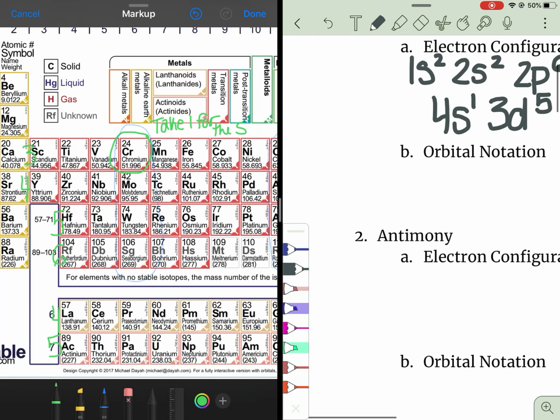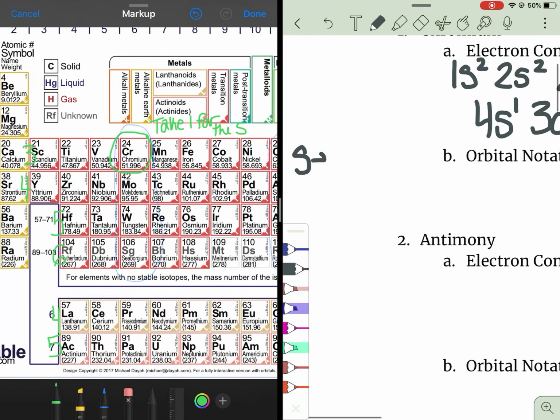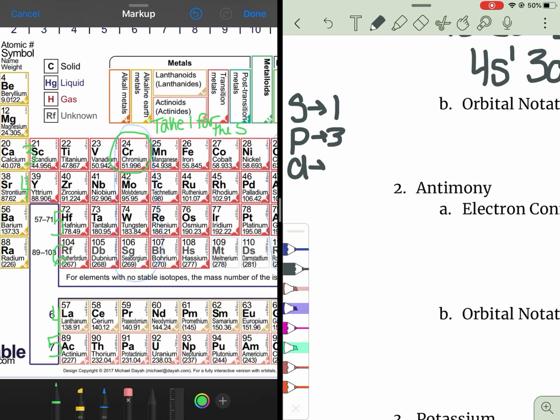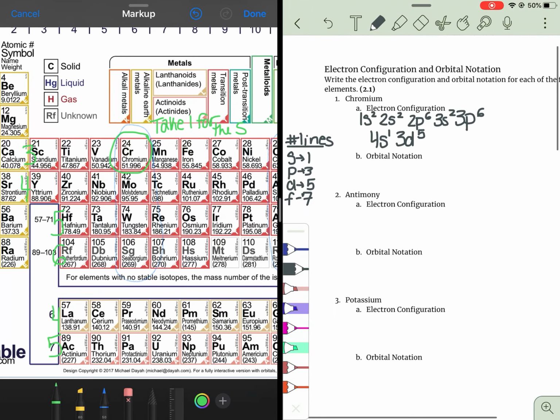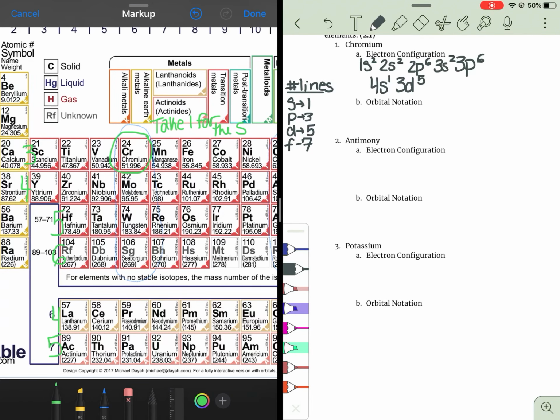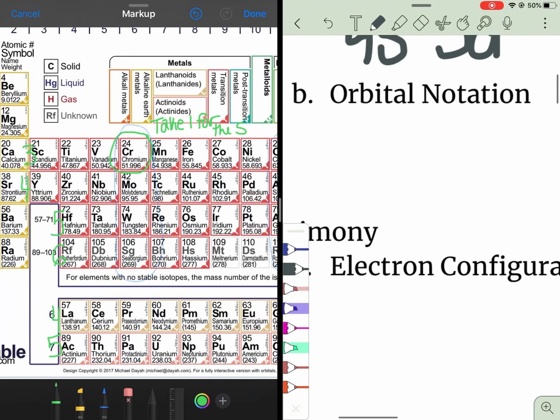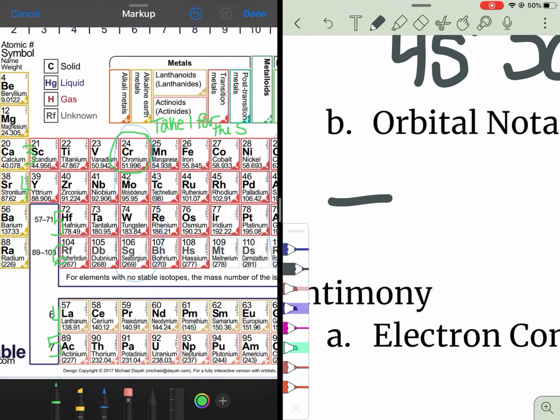Then with my orbital notation, rule of thumb: my s's always have 1 line, my p's have 3, my d's have 5 lines, and my f's have 7, because we can fit 2 electrons in each line. A reminder with that, you do need to draw all lines, regardless of whether you're going to fill all of them, because they're going to be single before they mingle.